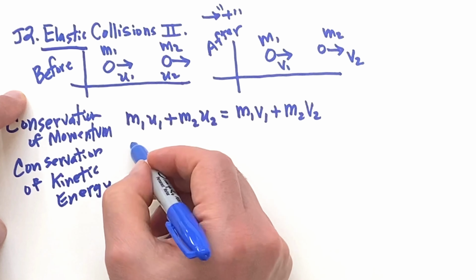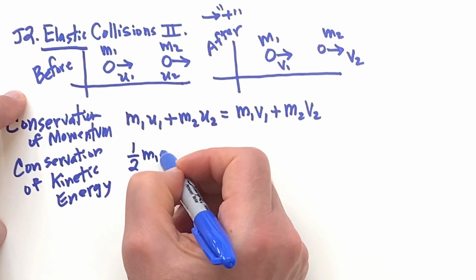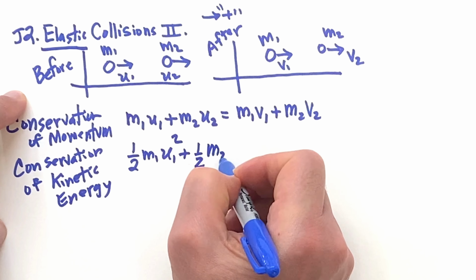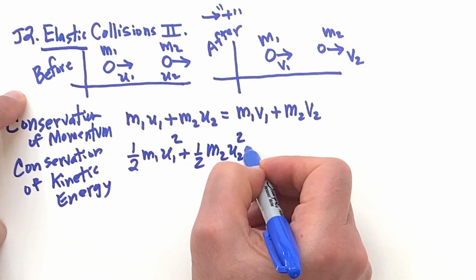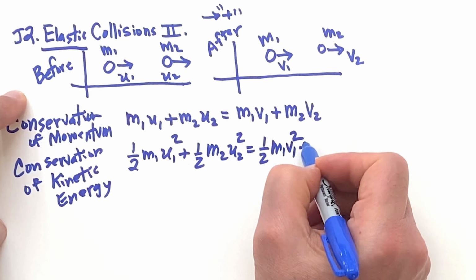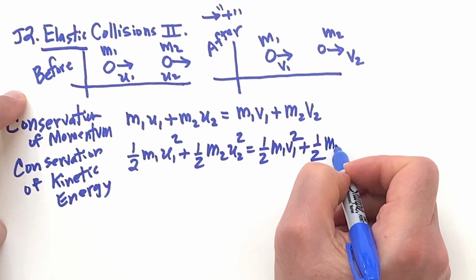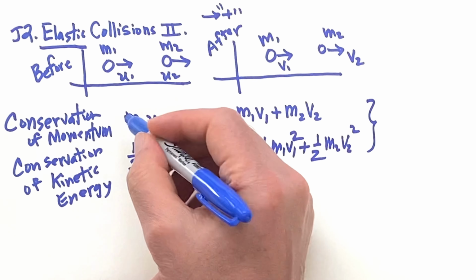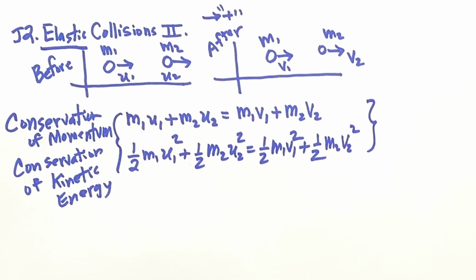And that will give us 1/2 M1 U1 squared plus 1/2 M2 U2 squared is 1/2 M1 V1 squared plus 1/2 M2 V2 squared. And when I have pairs of equations, I always like to bracket them off like my friend did in grad school.